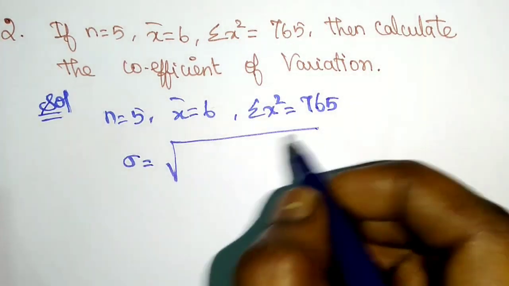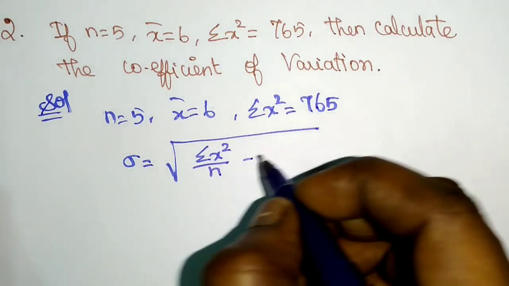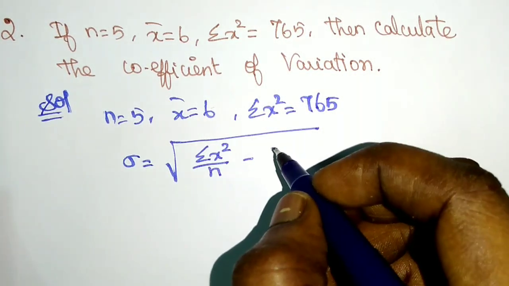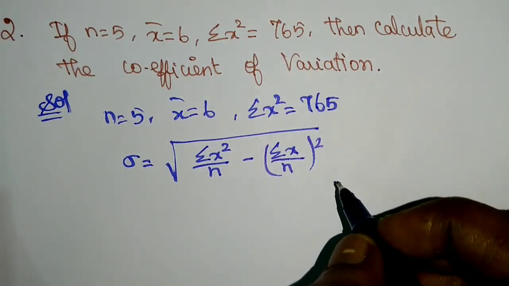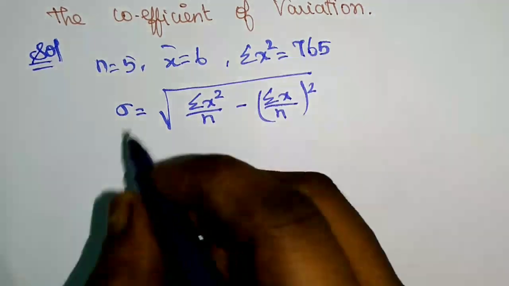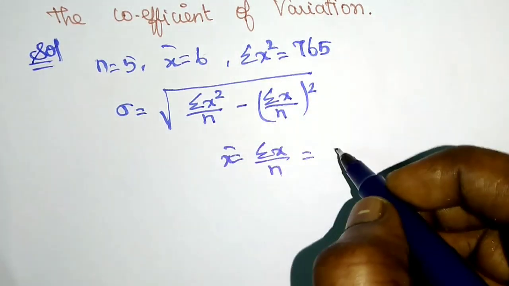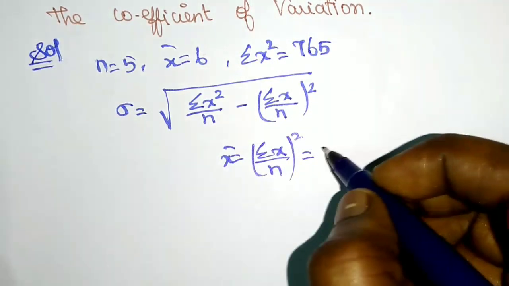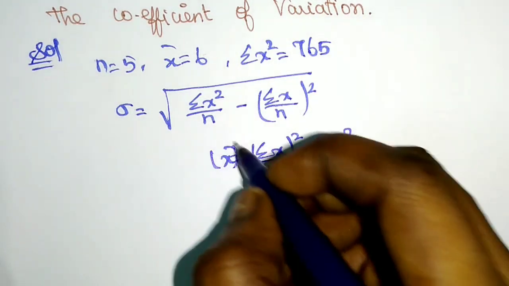Sigma is equal to, we know the formula, root of summation x square divided by n minus summation x divided by n whole square. Here we know that x bar is equal to summation x divided by n, so whole square is equal to 6 square.